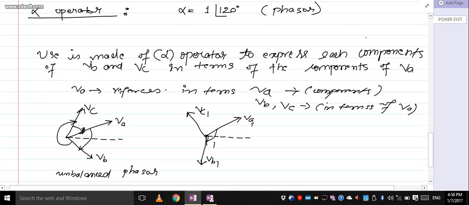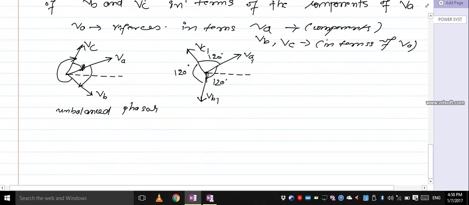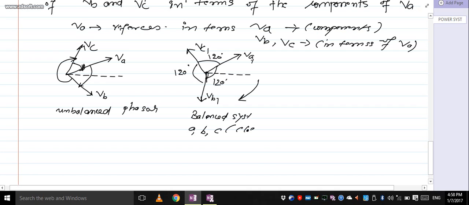So they have a phase difference of 120 degrees. That means it is a balanced system, first of all. Now second thing we observe is, when you are moving clockwise, then we have A, then B, and then C. That means this is clockwise, and therefore this is referred to as positive sequence.